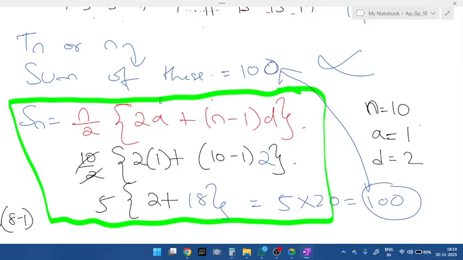Okay, sum of numbers, students. Only one concept, sum. No difference, no multiplication or division. Take down the formula n by 2. Just go through this, memorize the formula.